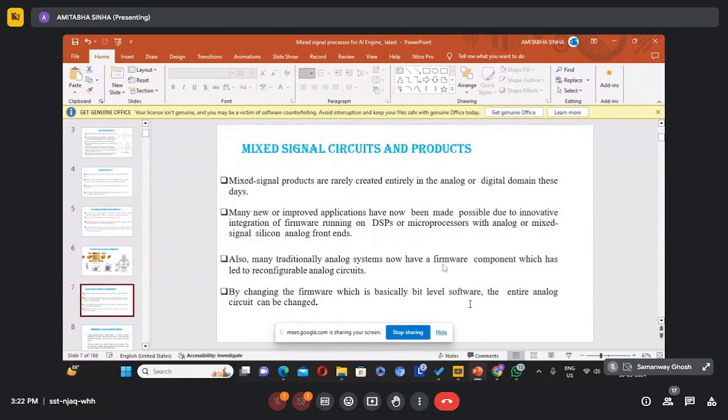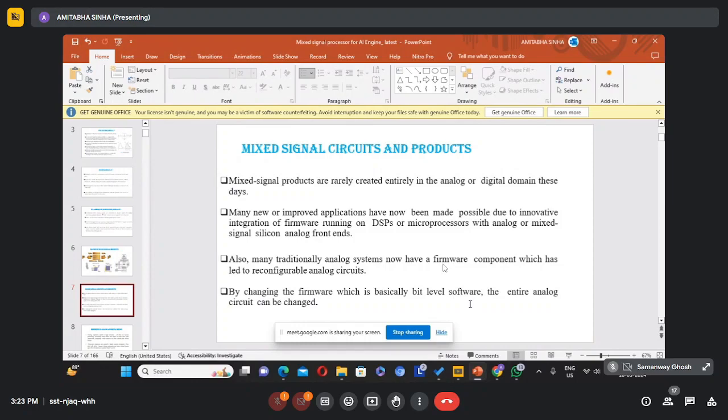So what is the beauty of that? Like FPGA, by changing the program, you can change the entire hardware. For example, you have an FPGA chip. You have designed, let's say, some controller. So you first have written the code in Verilog or VHDL, rather in a high-level description language.